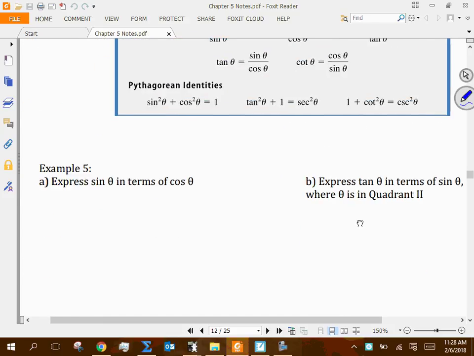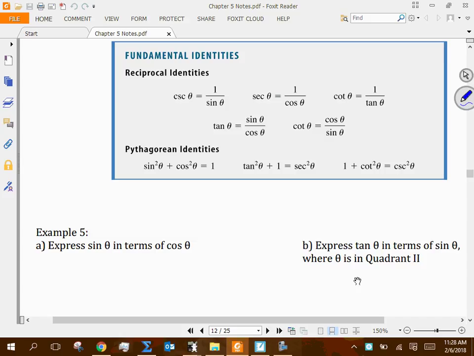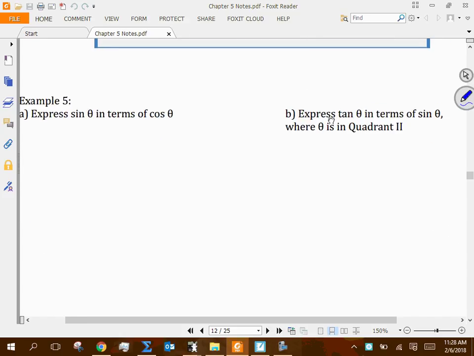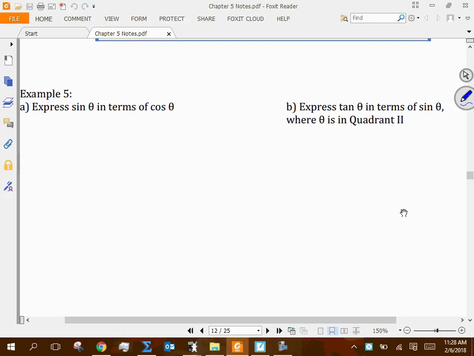So what happens, guys, is that when you're asked to do these questions, you're only going to be really successful if you know tangent theta is equal to sine over cosine. There's no way you're going to be able to do example B here, right? Does that make sense? So it's paramount that we understand and learn these relationships so that we can apply them later on.